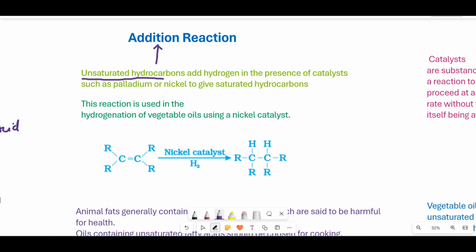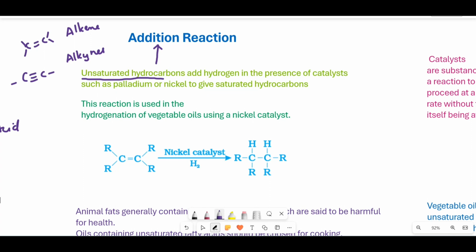What are unsaturated hydrocarbons? They have a carbon-carbon double bond or a carbon-carbon triple bond, which means alkenes or alkynes. In whichever compound a carbon-carbon double or triple bond occurs, those substances can undergo addition reaction.